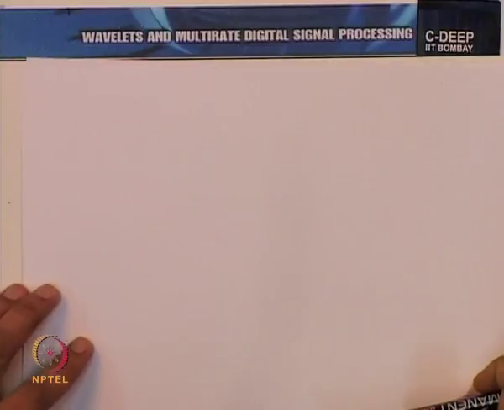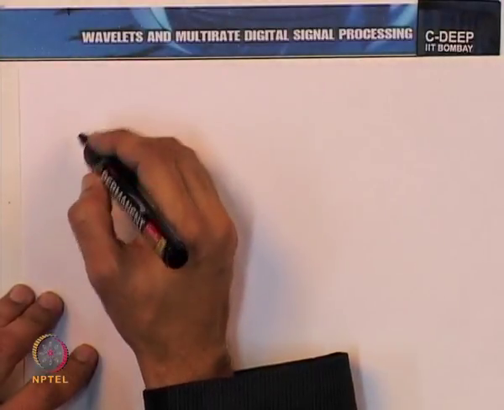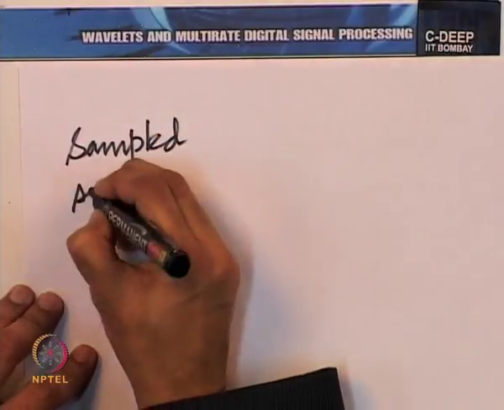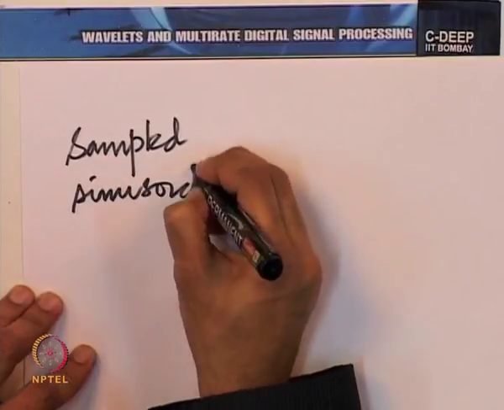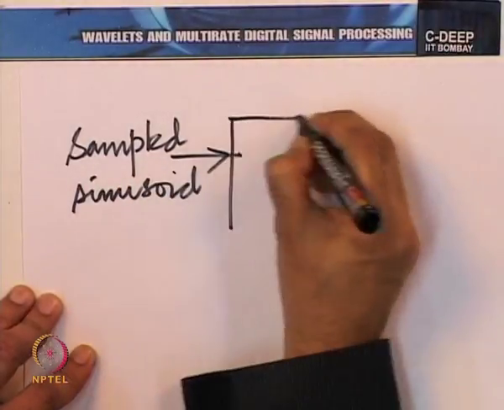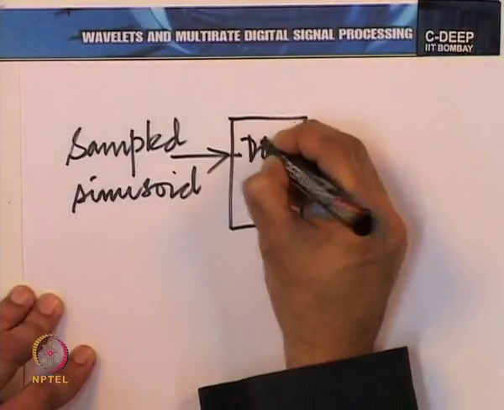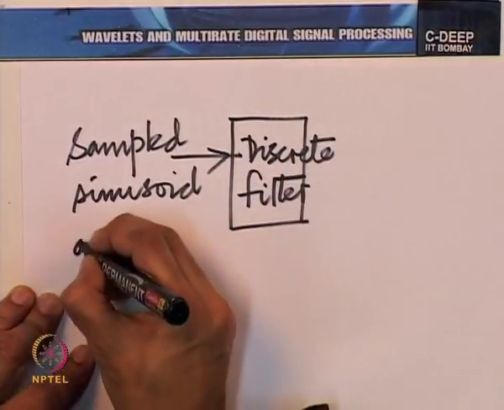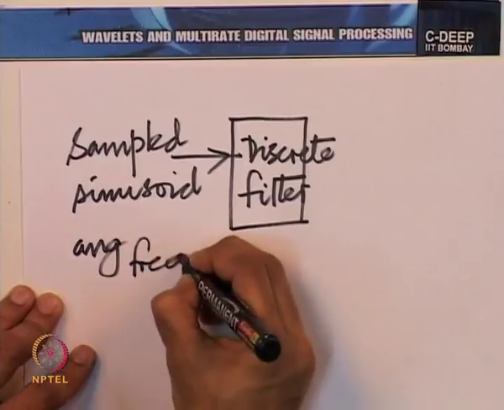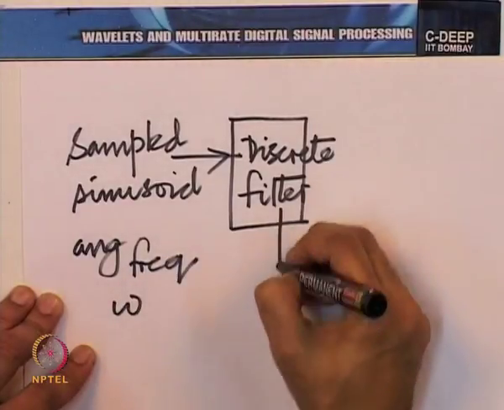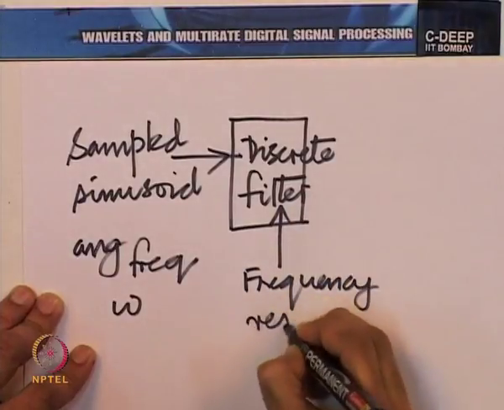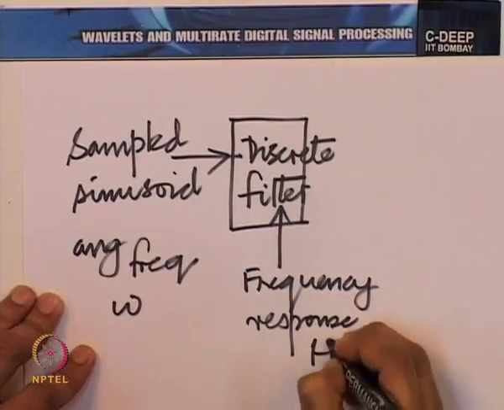What can we say about the power? So, recall that if you give a sampled sine wave, a sampled sinusoid to a discrete time filter, let us say the angular frequency is omega and the frequency response here is h of omega.